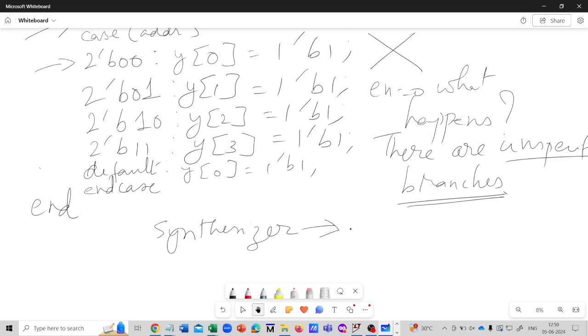That means now we are talking about the notion of storage of values. We are talking about storage of values for a combinational circuit, which is not possible, which means there is what is called unintentional latch inference.